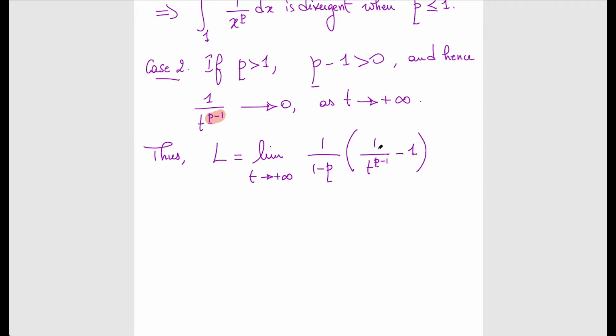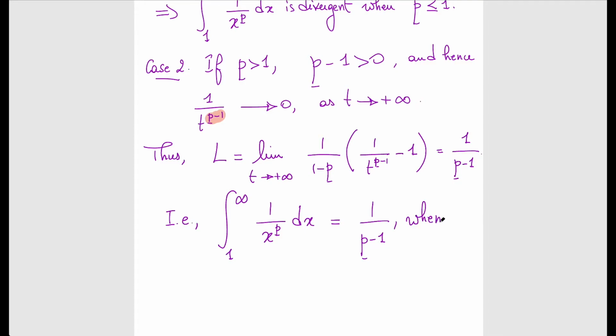In this case, this guy goes to 0, and we get the limit to be this entity times negative 1, which means 1 divided by p minus 1. That is to say, the improper integral from 1 to infinity of 1 over x^p, which we called L, is equal to 1 over p minus 1 when p is greater than 1.